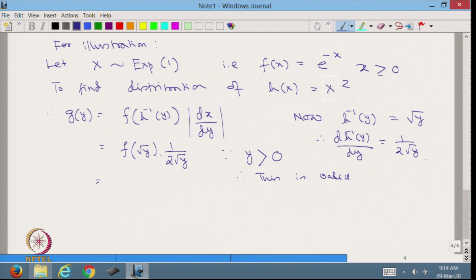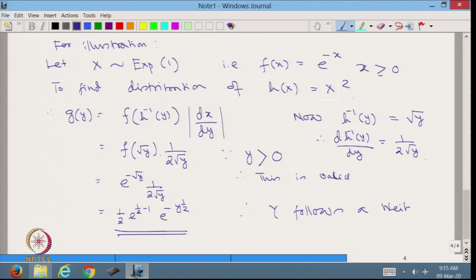It is equal to e to the power minus root over y times 1 upon 2 root over y, which is half y to the power half minus 1 into e to the power minus y to the power half. Do you remember this density function? Yes. Therefore, y follows a Weibull distribution.